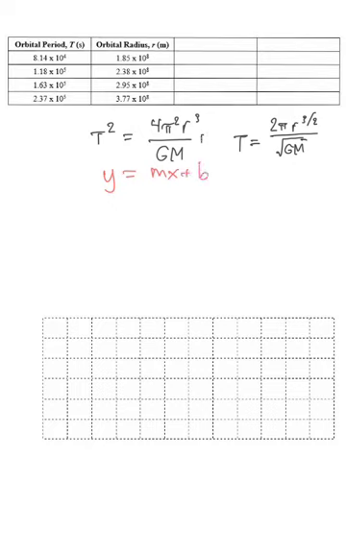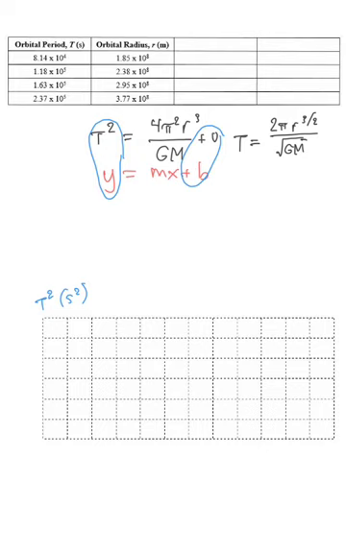And you can obviously see that there's no plus b on here, so we can just say that the y-intercept would be equal to 0. On the y-axis, we want to plot T squared. So we can label that over here as T squared on that axis, and since T is in seconds, this would have units of seconds squared.